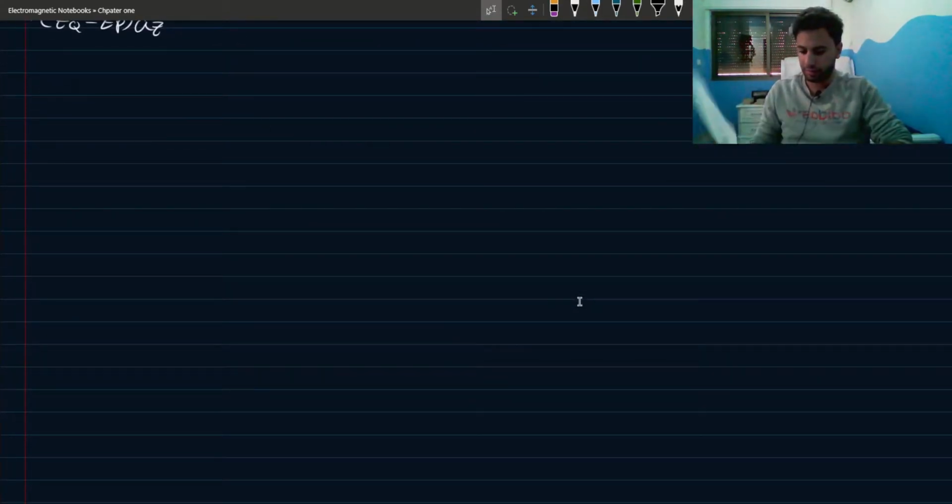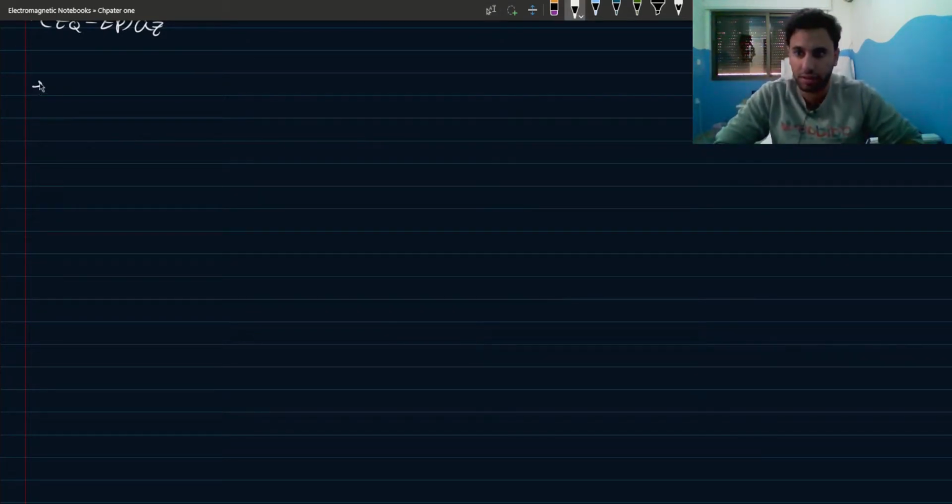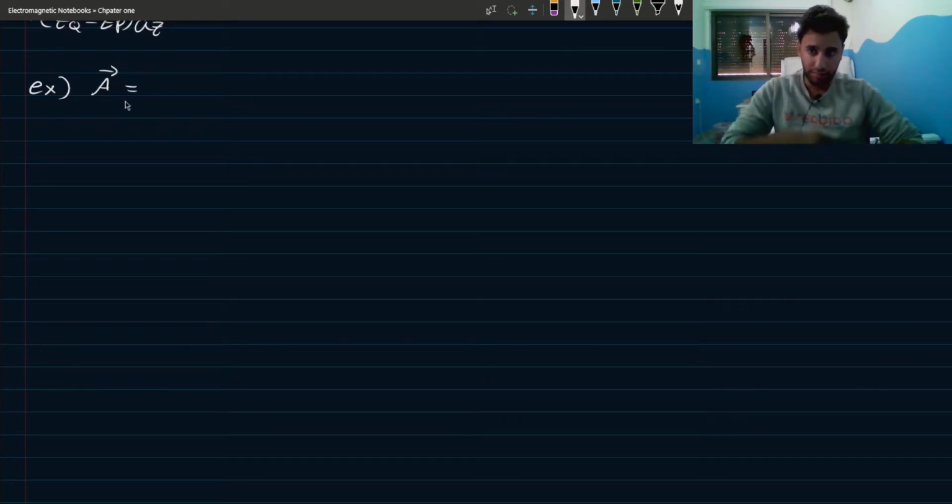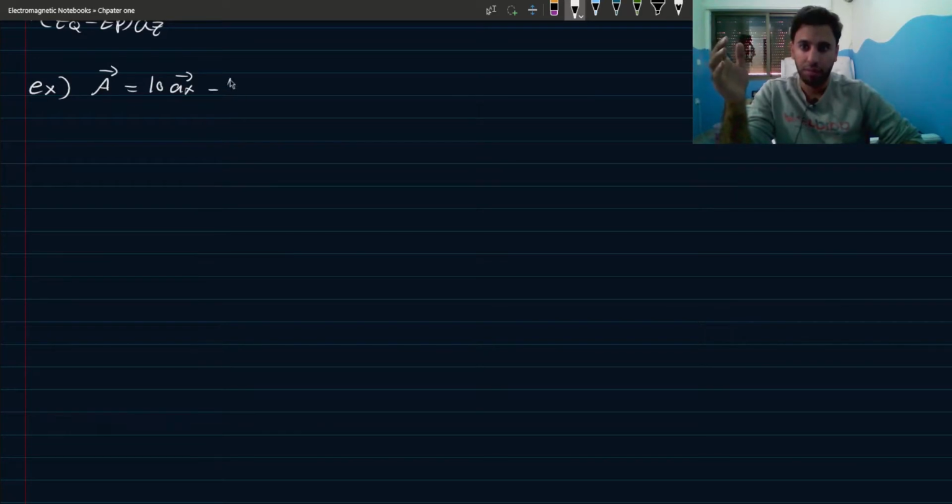Now let's take an example of what we have explained before about subtraction and addition. Let's say we have a vector A with a component of 10 in the x direction minus 4 in the y direction plus 6 in the z direction.